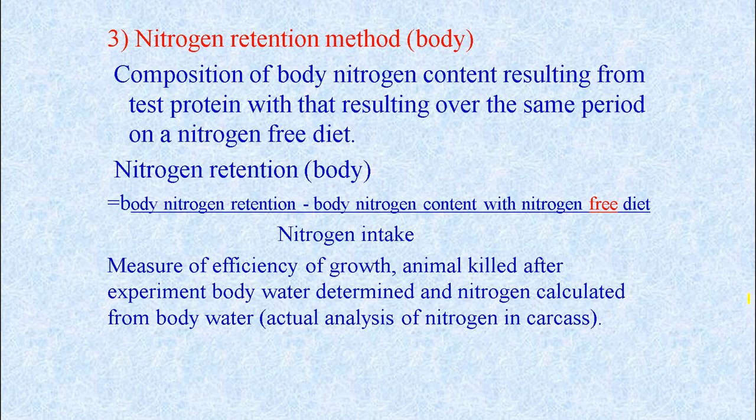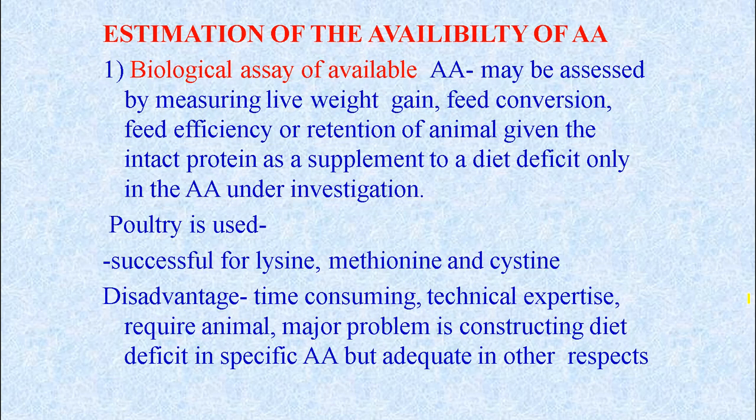As we dealt with in yesterday's class, the measurement of the energy requirement for growth and maintenance, and also the animal is killed after the experiment, body water determined and nitrogen calculated from body water. This is the actual analysis of the nitrogen after the animal has died.